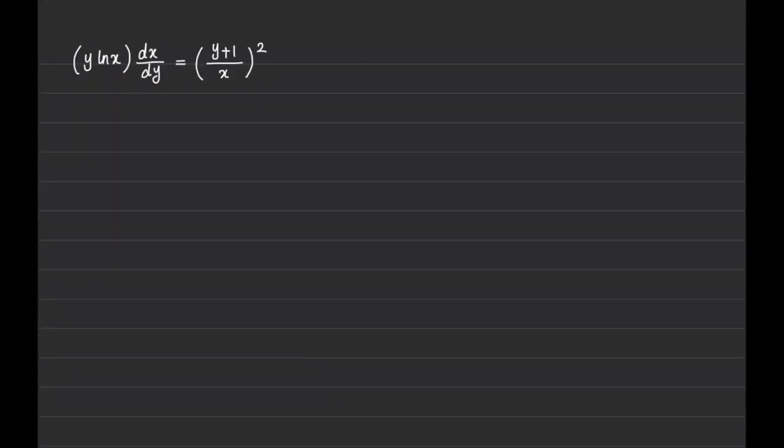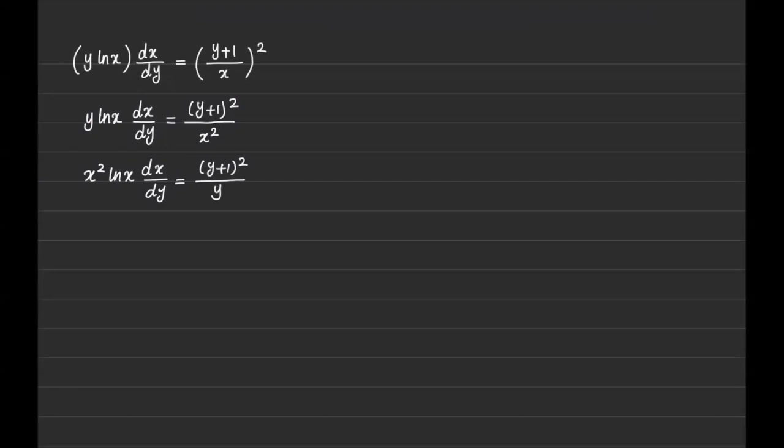Here is the second example, where again we have a first-order differential equation. Now let's rewrite the right-hand side of the differential equation. If we multiply this differential equation by x squared and divide it by y, we will have this differential equation, which is clearly a separable differential equation.